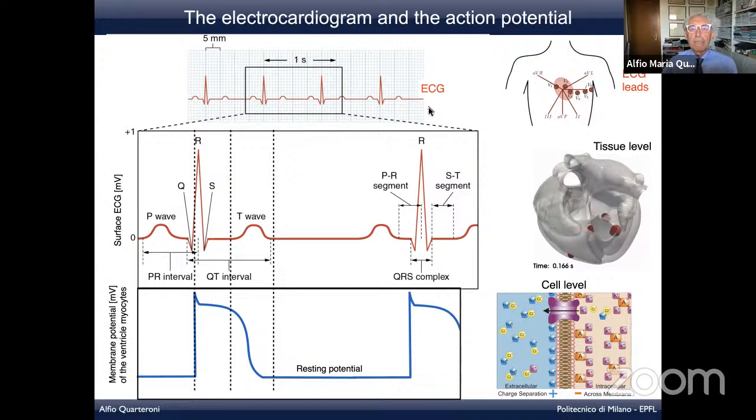So to start with something which is familiar to the medical doctors, let me start with the ECG. The ECG is the electrocardiogram, and it looks more or less like this. It's a sequence of little wavelets that in the healthy case resembles those that you see here. Now, as you know, this is captured by the ECG leads that stand on the chest of an individual.